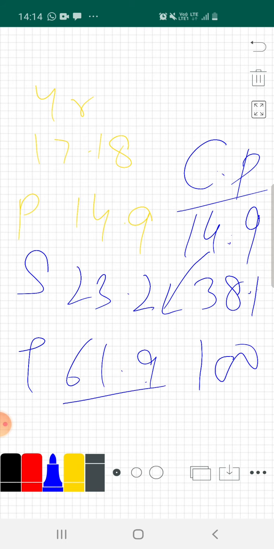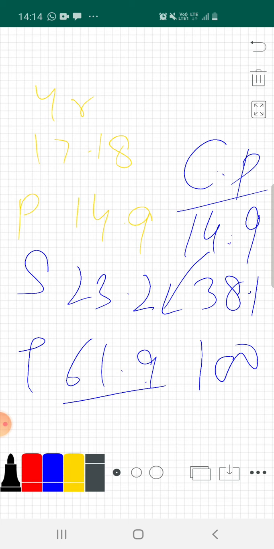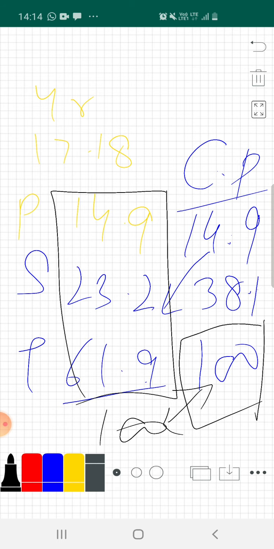So the sum total of these three values is equal to 100, which is cross verified by the cumulative percentage also. So when we plot the percentage bar diagram, we will take the highest value as 100. By this we will draw the diagram.